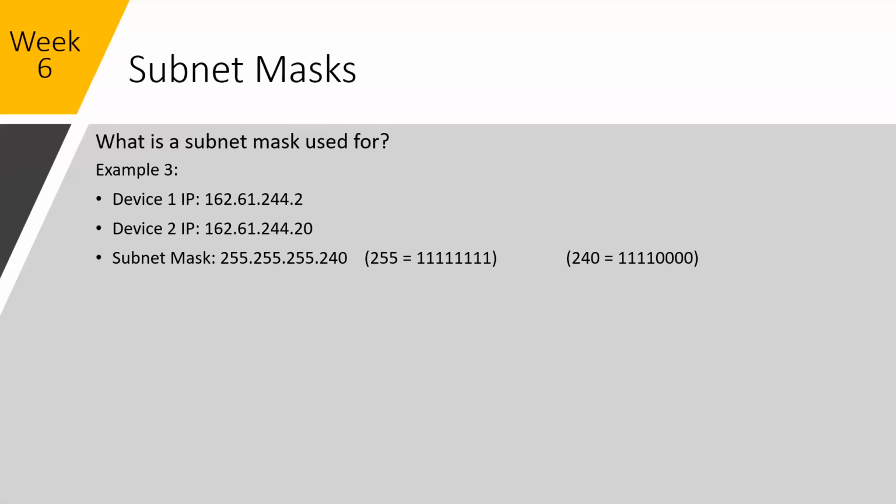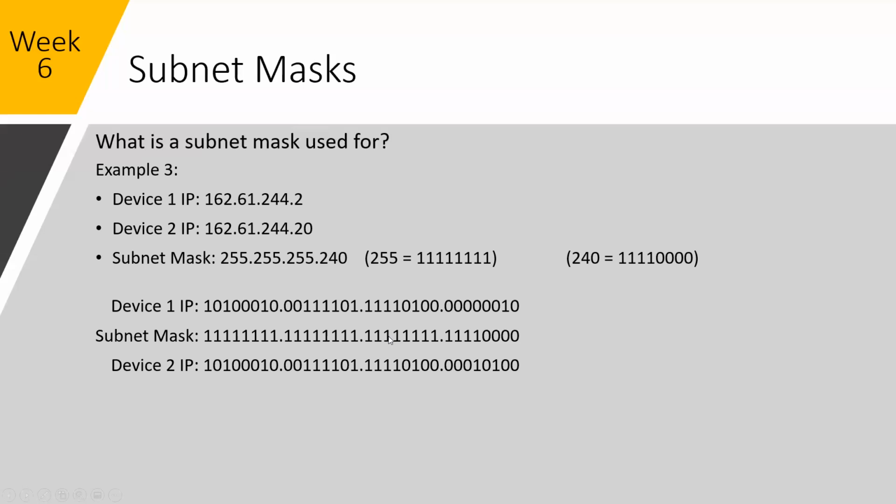162.61.244.2 and 162.61.244.20. Subnet mask of 240. Can these communicate? Anyone have a guess?